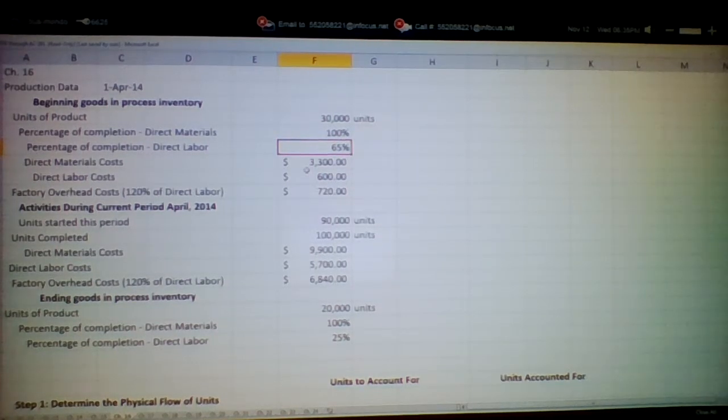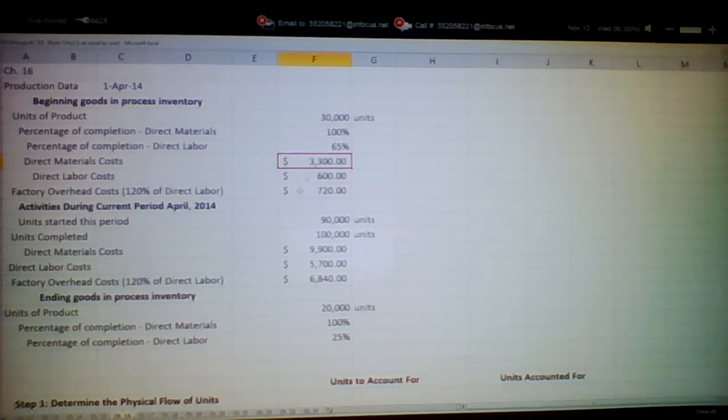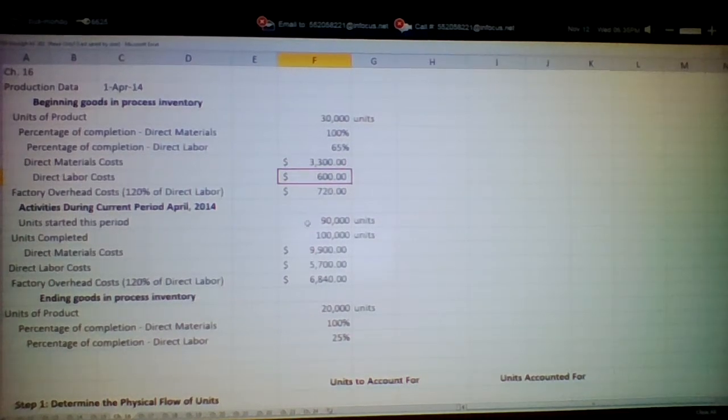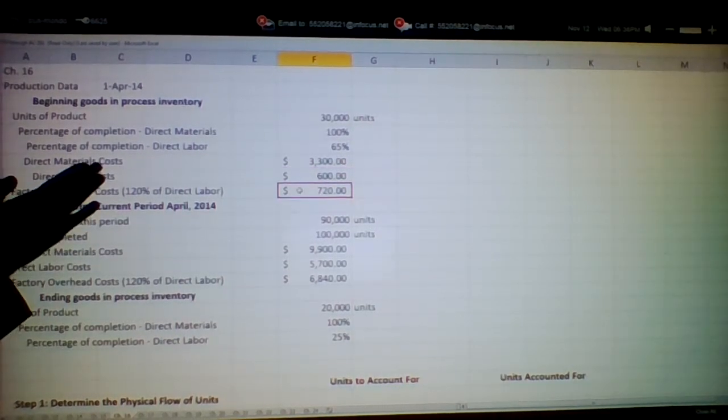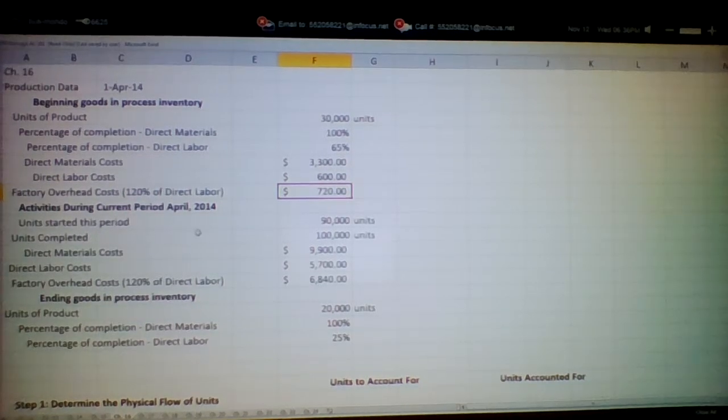So they're only 65% assembled, essentially. That's the way to think of that. Our materials cost $3,300, and our labor cost $600 so far. So we've paid our employees $600 so far to get 65% of the way through. And then factory overhead costs are assigned at 120% of direct labor, so it's $720.